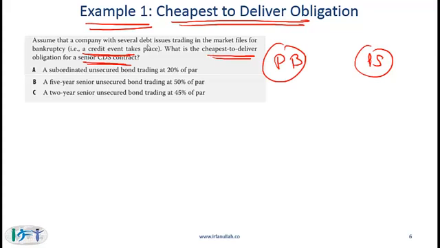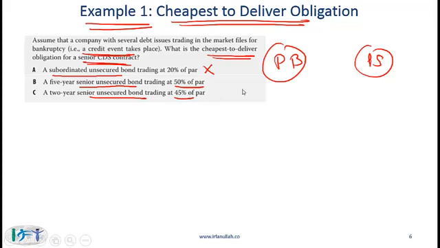Now, if we are talking here about a senior CDS contract, then clearly a subordinated unsecured bond would be low in ranking. So this would not be an option. We are then left with B and C, a senior unsecured bond trading at 50% of par and a 2-year senior unsecured bond trading at 45% of par.